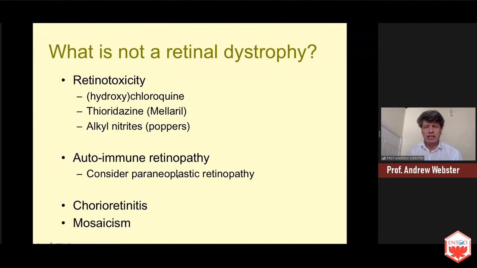And increasingly now we're finding underlying early pre-symptomatic cancers that are detected and are likely to be causing or precipitating the immune response to the retina. Chorioretinitis can often look like a retinal dystrophy. I've got a number of folks with previous TB in which they look very similar to retinitis pigmentosa, but aren't, and they haven't moved for many years. And mosaicism can present like RP affecting one eye, for instance.